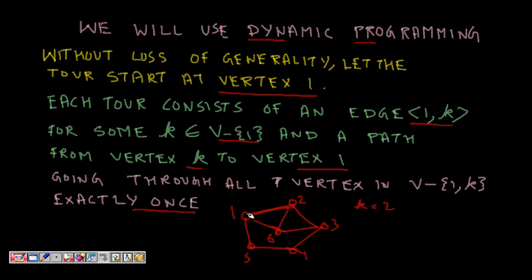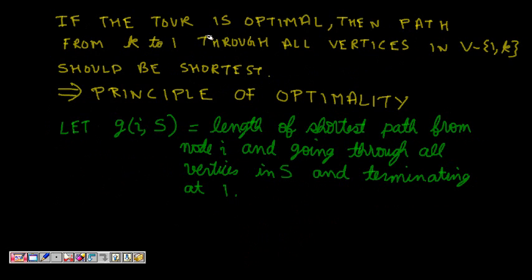So it consists of two parts. First is the edge from 1 to k, then a path from k to 1, which consists of all vertices in the graph except 1 and k. So if the tour is optimal, then the path from k to 1 through all the vertices in V minus {1, k} should be shortest.